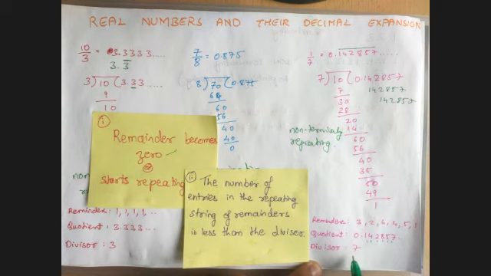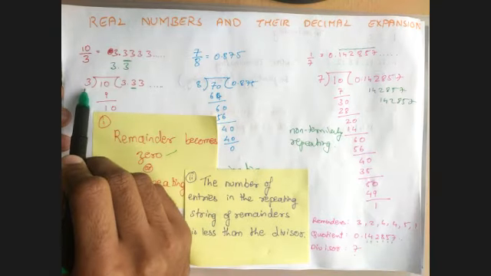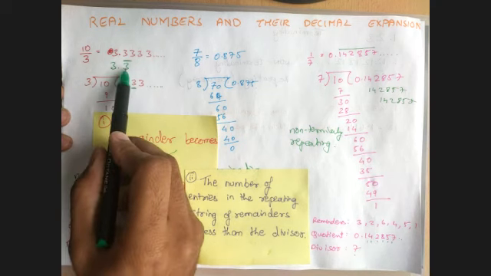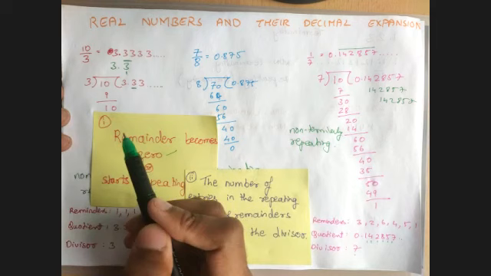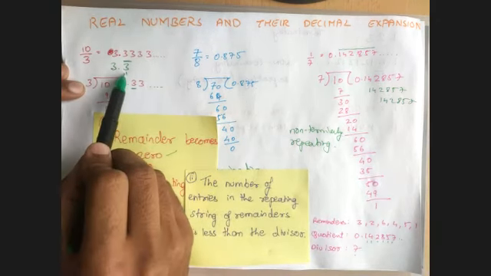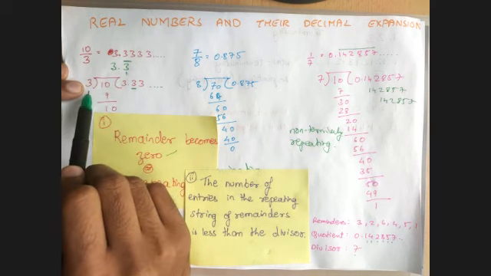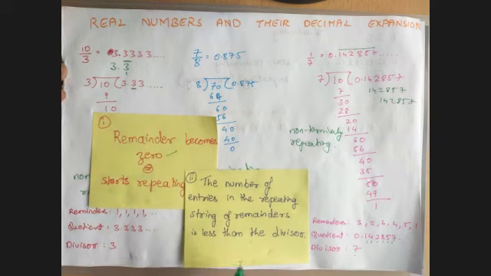That means the divisor is 7 here, and there are only 6 numbers which are repeating. In the same way, if we look at the first example, the divisor is 3, and the number of digits repeating is only 1, right? So the number of digits repeating will not exceed the divisor. That is what this says.